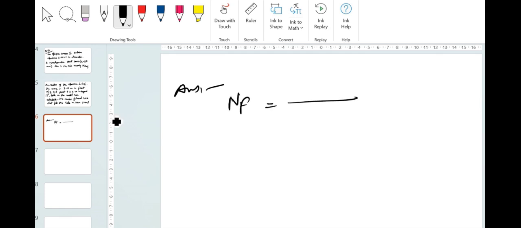NF is basically the area, which is rho r0 R squared by lambda rho r naught.